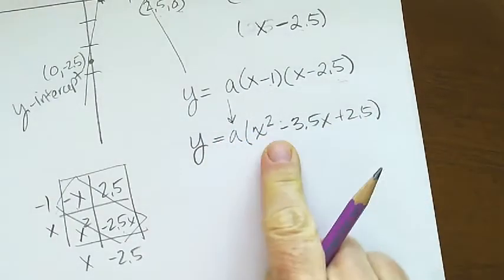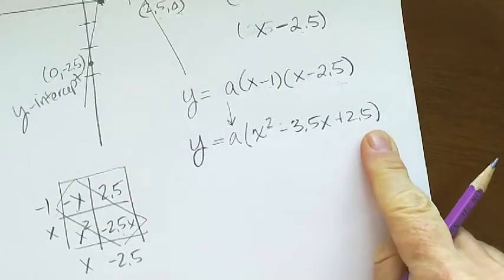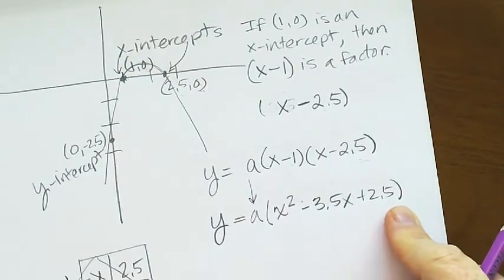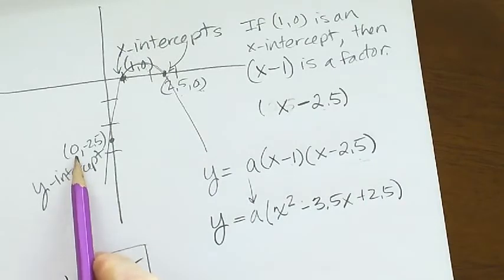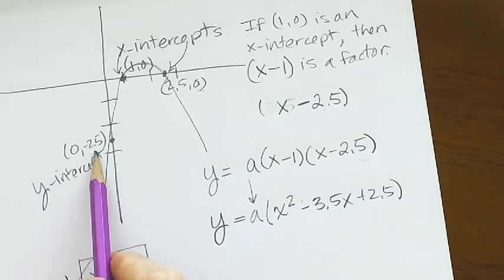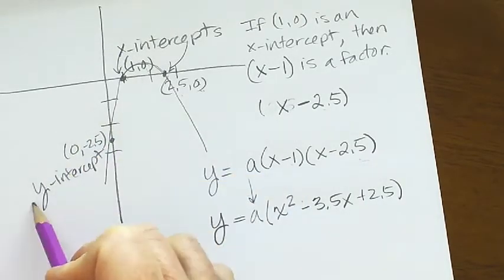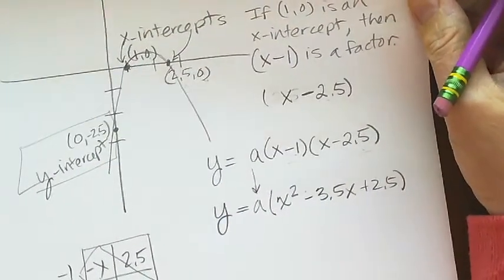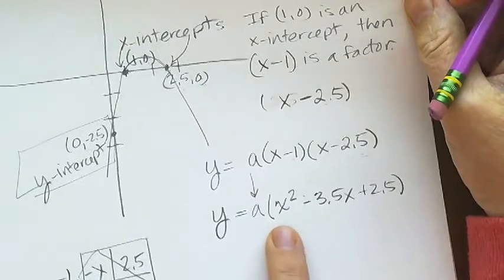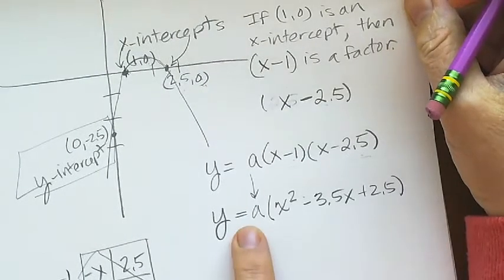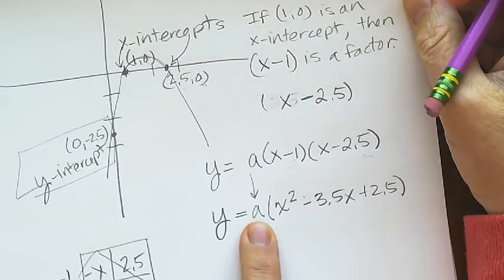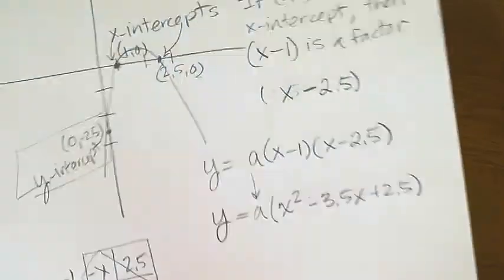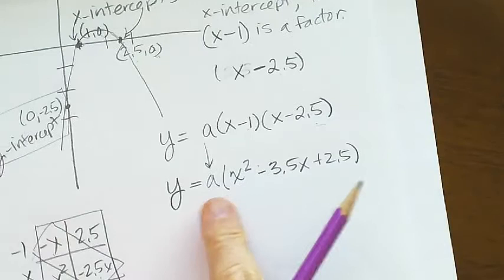Now, if you multiplied these together and said that's the equation, you might be right, but we have several other points on this graph that were given. So I'm going to use the y-intercept just because it's easy to check and see if the equation is simply this or if there's more to it, if it's being multiplied by a common factor, or if that common factor has been factored out, it would look like this.